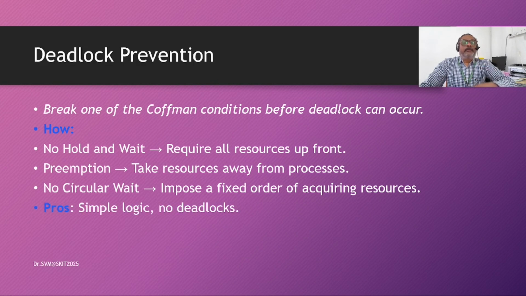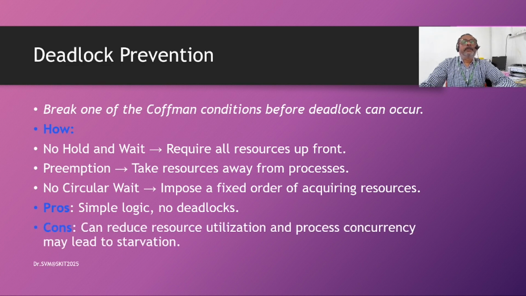The advantage of working with deadlock prevention is simple logic. Definitely there will be no deadlocks, but yes, nothing comes free. There are some negative points, and this can reduce the resource utilization. Process concurrency may lead to starvation. What happens? You are saying hold and wait, so you hold all of them, only then you allow.